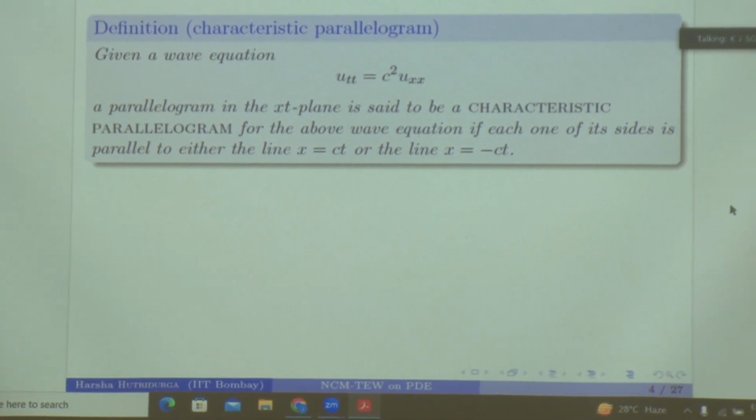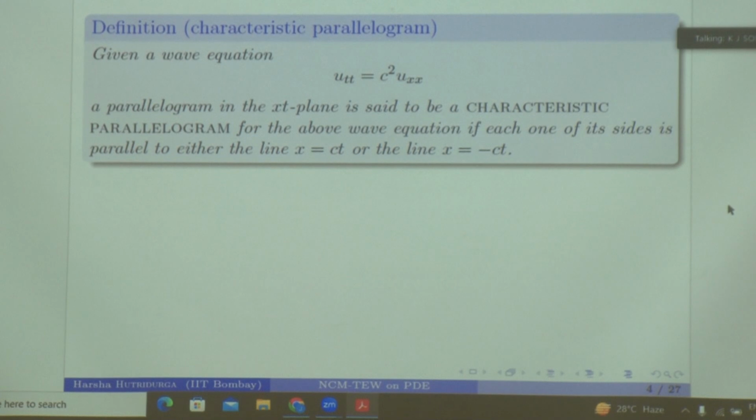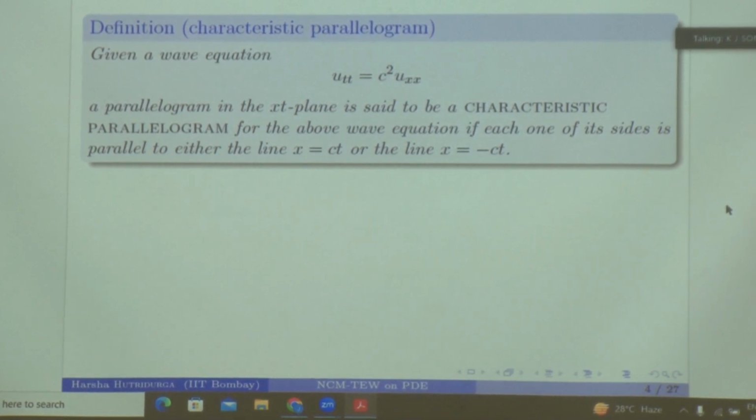So let me just draw the picture so that we get the hang of it. So this is the xt plane, let's say. Now, you draw these lines.